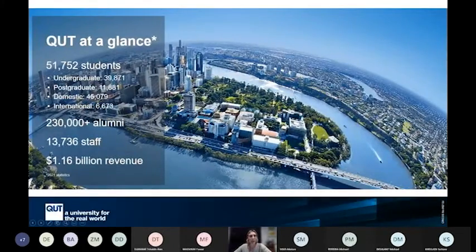Before that, just a brief on QUT. So Michael should remember this campus. So QUT is quite a large university. We've got around 50,000 students. Apparently nearly 13,000 staff members.